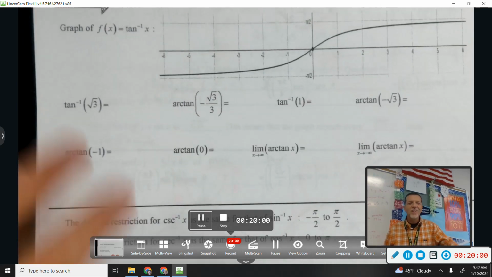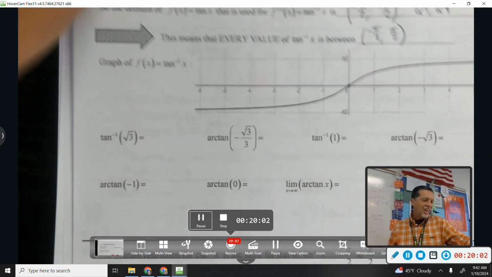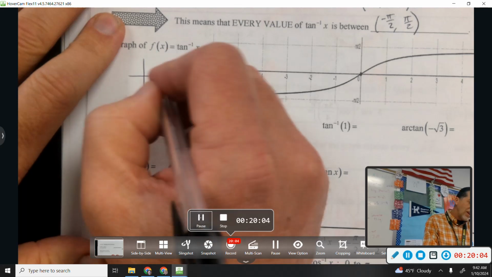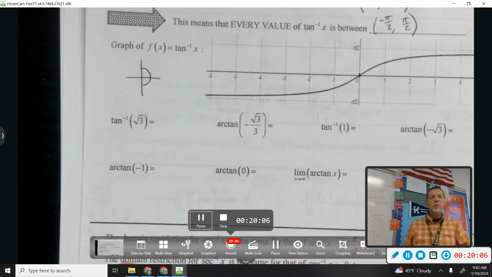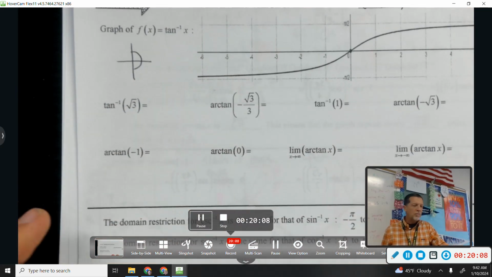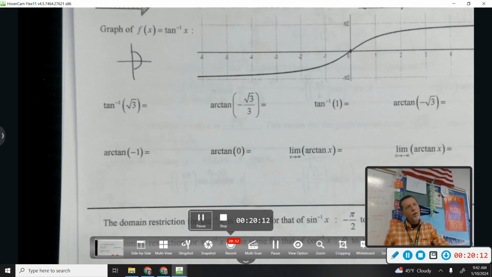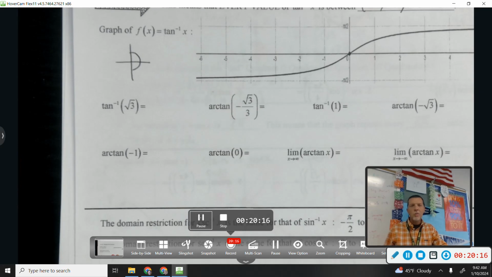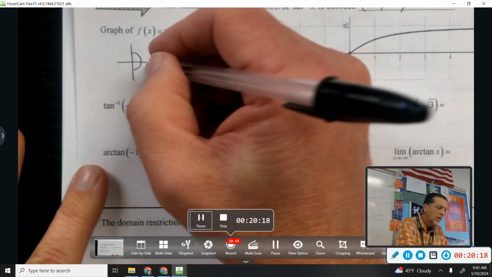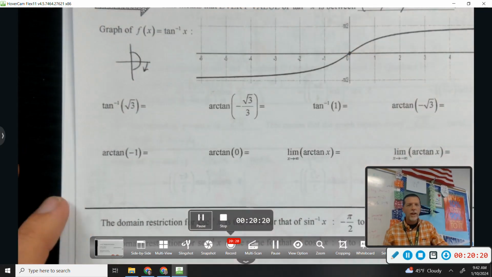If you're thinking unit circle, and this is how I remember them, I'm thinking quadrant 1, quadrant 4, and if I'm in quadrant 4, you have to get there the quick way, not the long way. You don't go all the way around.